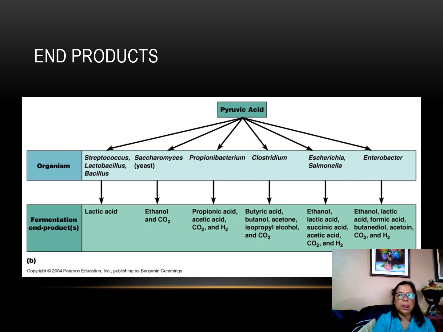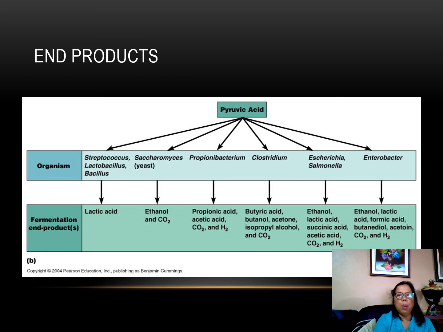And then for Saccharomyces, ethanol or carbon dioxide. That is why yeast is needed in the process of baking. In the case of Streptococcus and other bacillus, they are needed in the fermentation of lactic acid, especially in the formation of cheese and other dairy products.